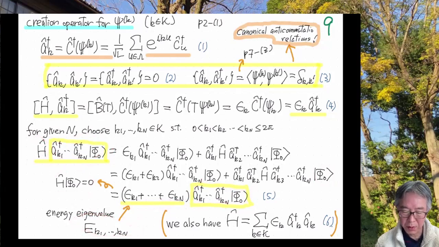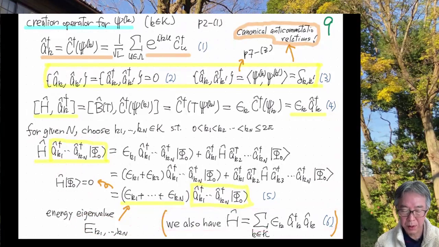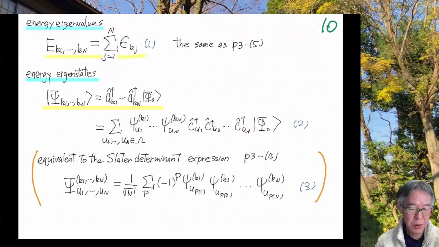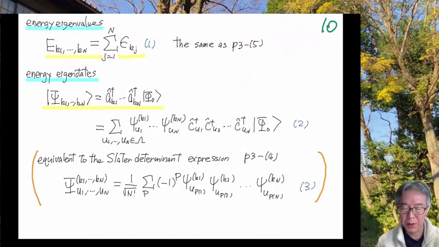We are not going to use this, but you can also diagonalize H by using A dagger like this. I will show this later in a more general context. But anyway, we have obtained this energy eigenstate. So the energy eigenvalue is given by this, the same as equation 5 in page 3, and energy eigenstates are written like this.